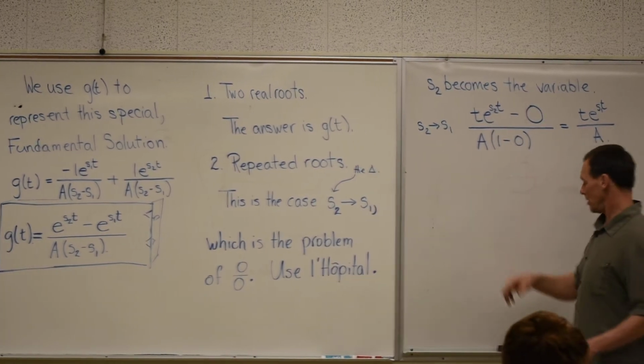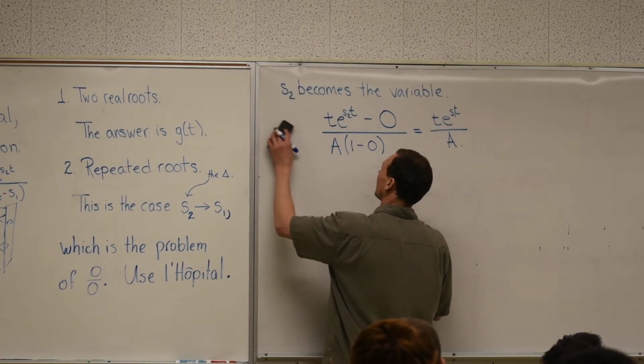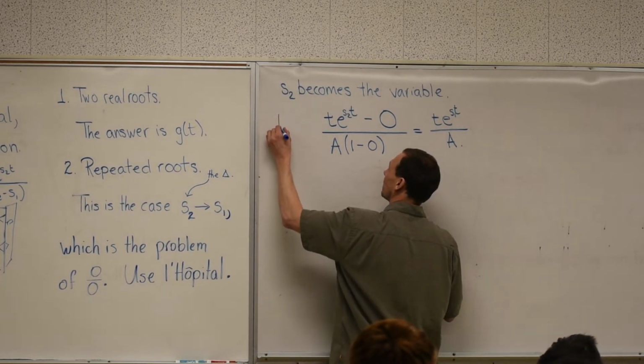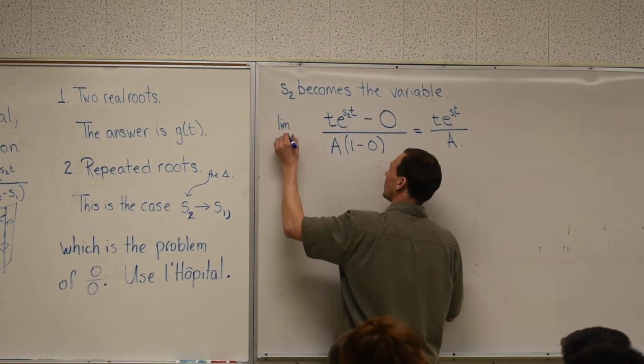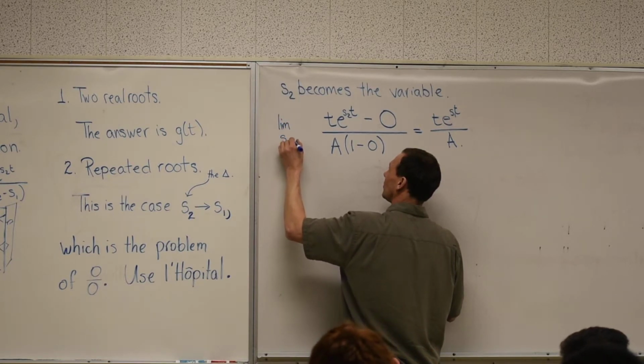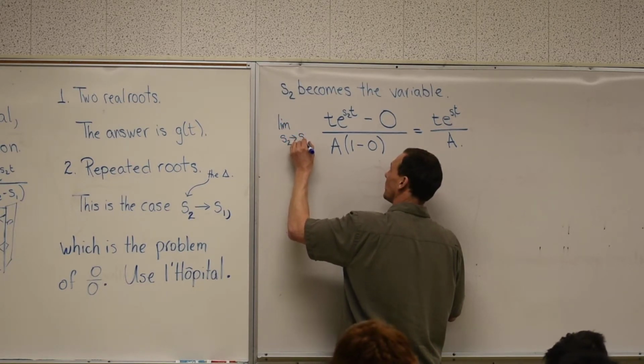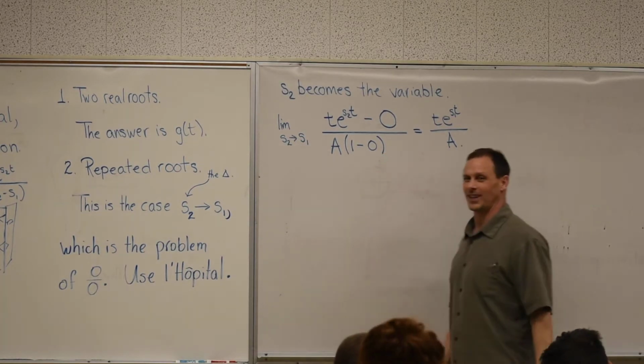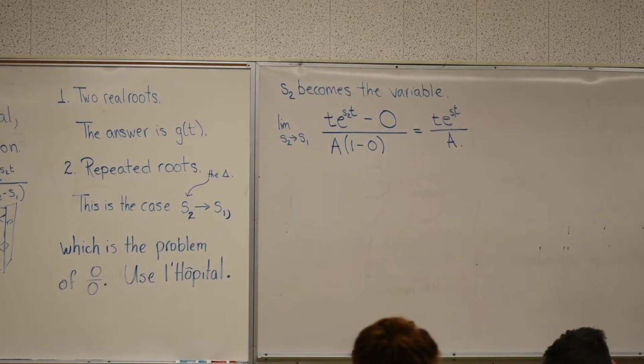So maybe that wasn't proper notation. I should write the limit as S2 tends to S1. Hopefully you aren't taking notes in pen, or you left space to make that change.